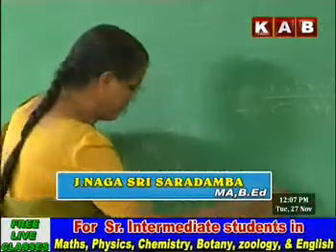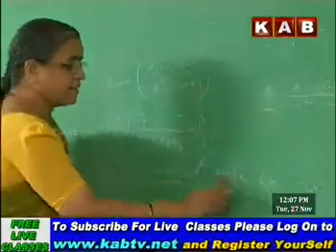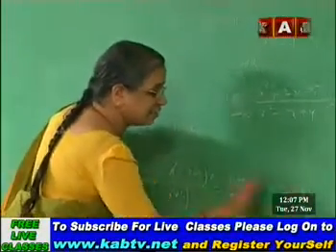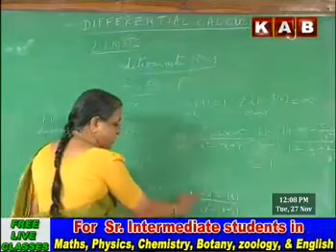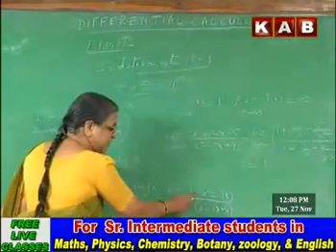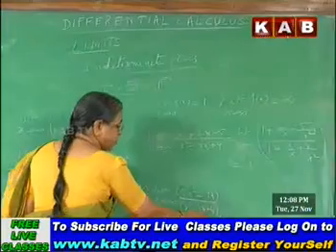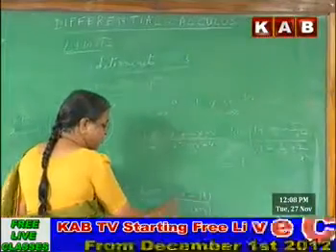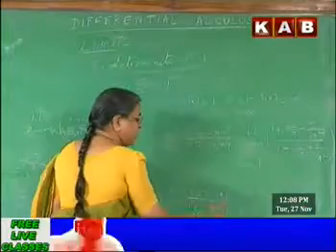5x square and minus 9x by x square minus 3x plus 4. As we have done already for this dividing by x square, this becomes 5 minus 9 by x, and this is 1 minus 3 by x plus 4 by x square as x tends to infinity, except 5 and 1, the remaining all become 0.